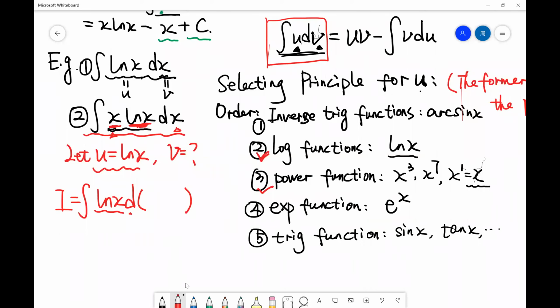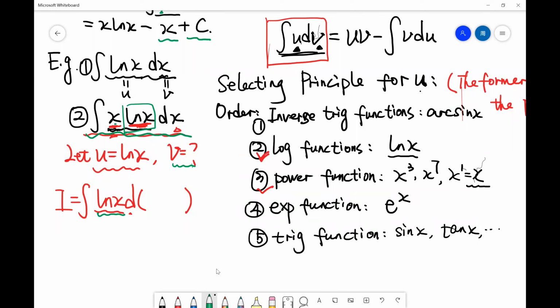So for this example, you should know what v is. That means how can we rewrite this integral to make it equivalent and leave only ln x in the integrand?